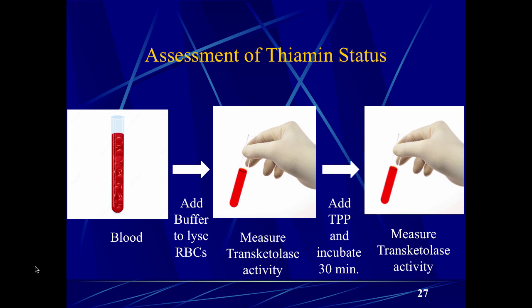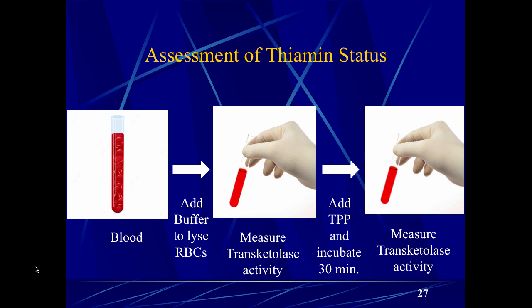Okay. Now think about what's happening. Transketolase relies on thiamine pyrophosphate, right? So again, let's say we had the scenario where in their red blood cells, here's transketolase. There's a few copies of it. Let's say in this individual, they have a few copies of transketolase.